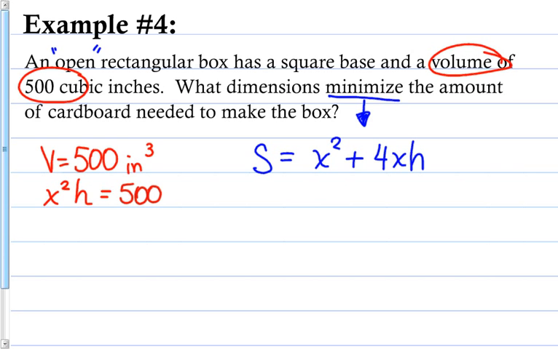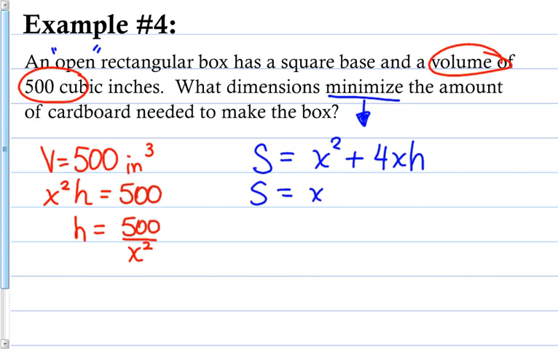My secondary equation I'm going to use to eliminate one of the variables, because in this problem we do have 2 different variables, x and h. I want to go ahead and solve for h. So 500 over x squared. That way I can avoid doing square roots. So there's my h. I'm going to plug it in over here in my surface area.